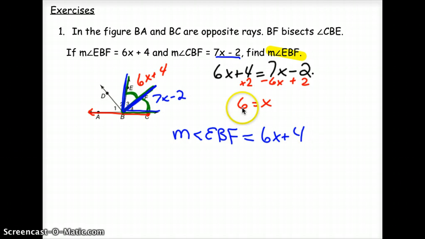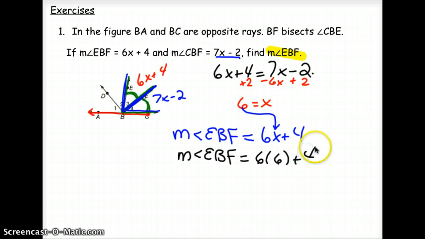So at this point now I'm going to go ahead and substitute 6 in there. I need to write measure of angle EBF equals 6 times 6 plus 4. So my measure of angle EBF equals 36 plus 4, which is 40.